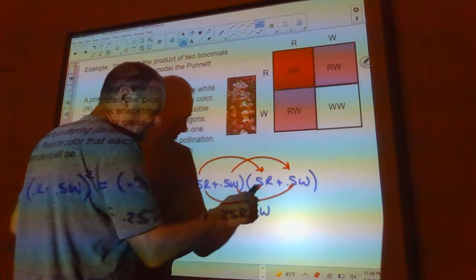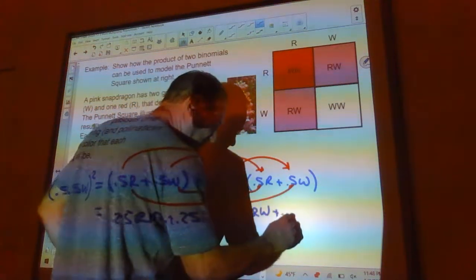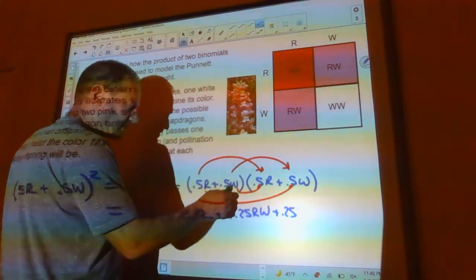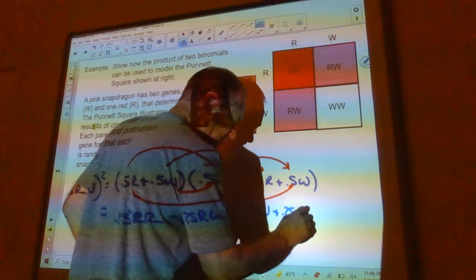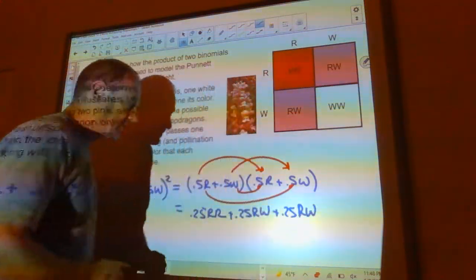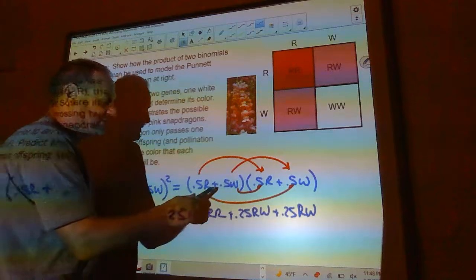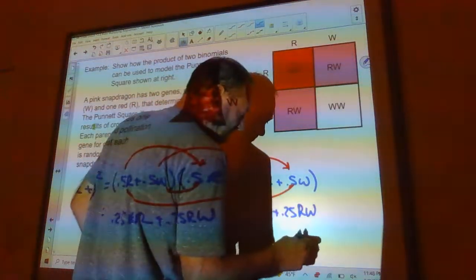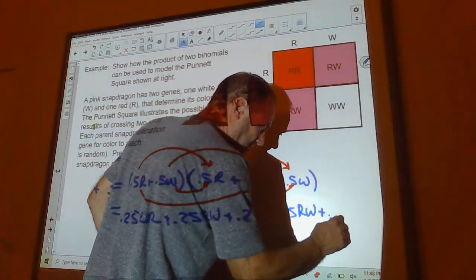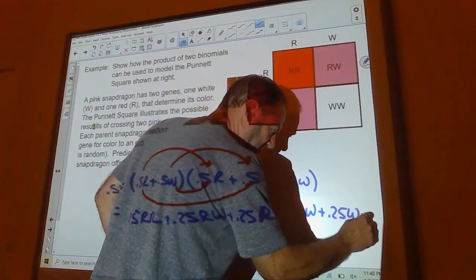Okay, here I get 0.5 times 0.5, that is also 0.25, and it's WR, but it doesn't matter if it's WR or RW, so I'm just going to write it RW again. And then last, I'm going to get 0.5 times 0.5W, okay, so that's going to be 0.25 WW.